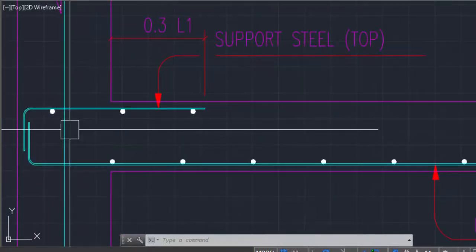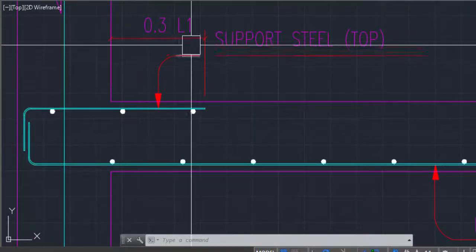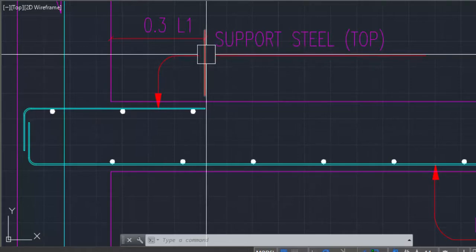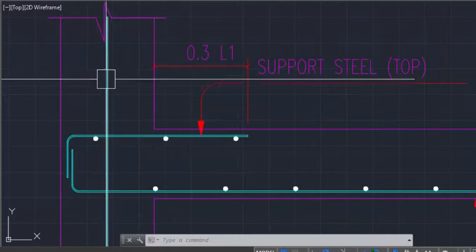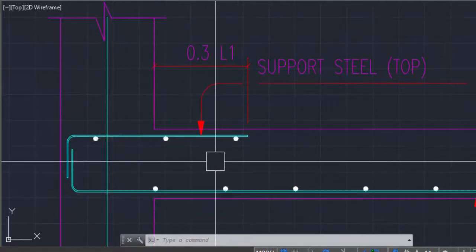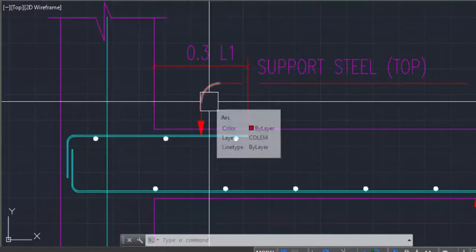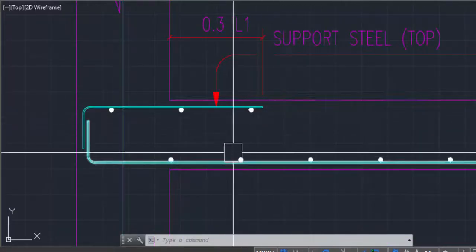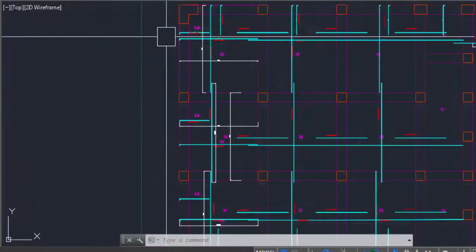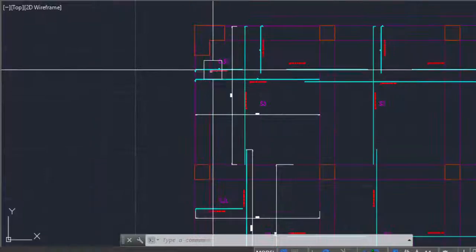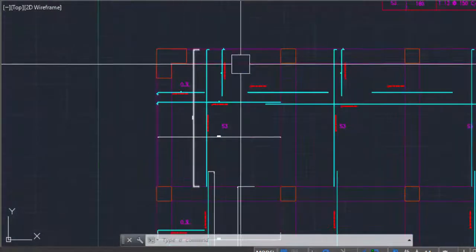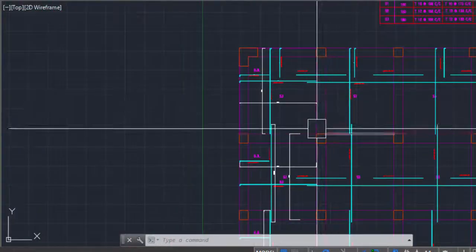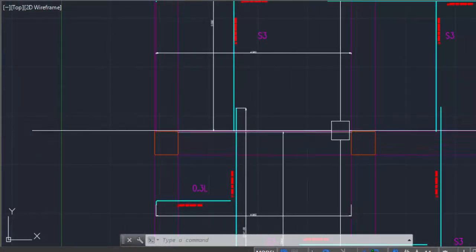So from this position to this position it must be 0.3 L plus the thickness of this column. You can find it according to the dimension. So this is the first bar which we are talking about, so we will keep it everywhere where this type of condition is. So we distribute this bar as S3. Okay, so we are terminating up to here.